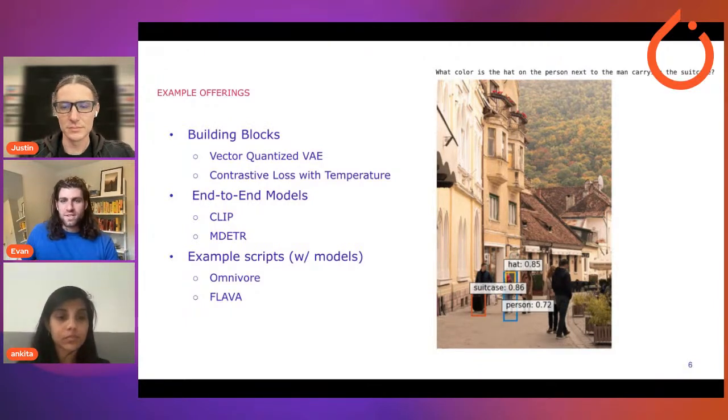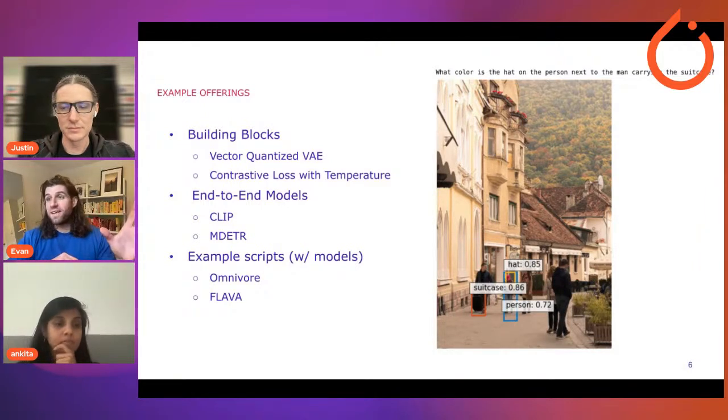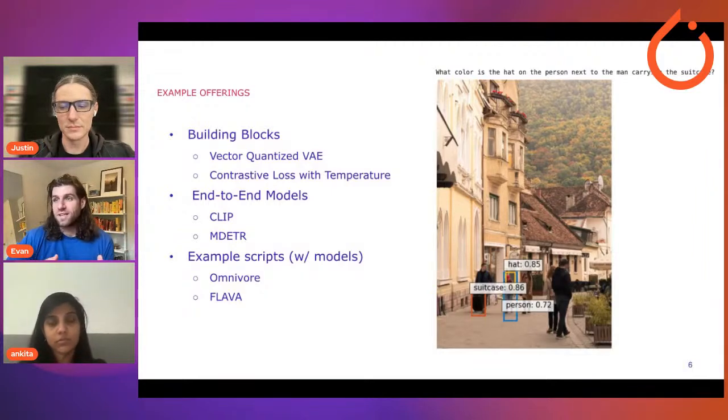Contrastive loss with temperature. This is something from CLIP, which was published by OpenAI a couple of years ago. And this is essentially you're computing the similarity between image embeddings and text embeddings. You're just taking the dot product and then doing some cross entropy. But there's this additional parameter that can be learned as well.